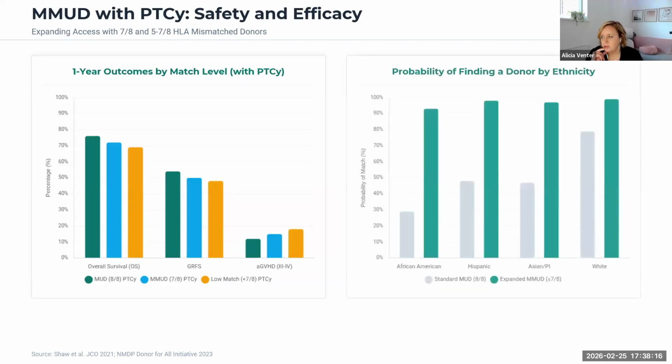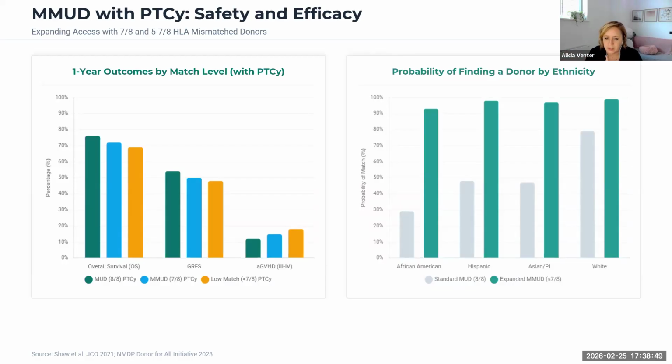There's also the probability of finding a donor by ethnicity. So what does that mean? If you know that the outcomes are quite favorable, irrespective of which source you're going to need, it is important to then consider, do you really need to be that selective in your patient selection when you are very likely to also find a good enough donor for minority patients that were usually not able to find donors?